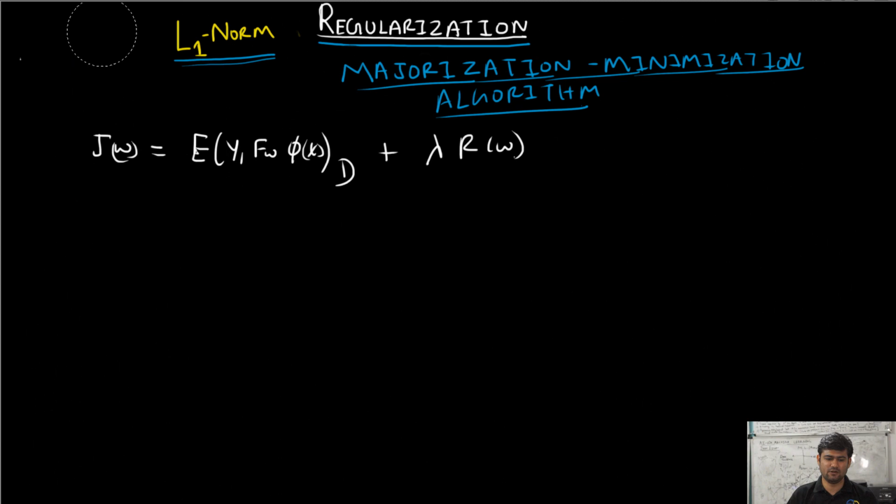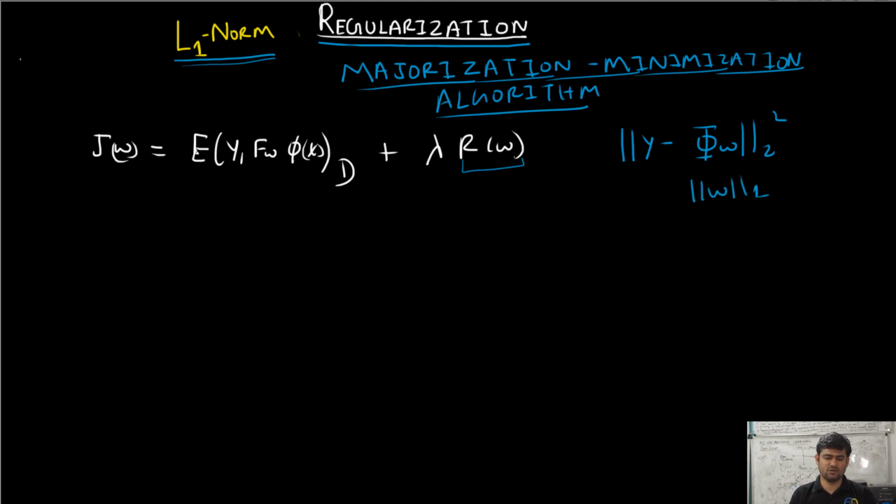In the L1 norm regularized least square problem, the first term is actually the L2 norm of the error over the data set, so the first term is basically y minus phi times w squared, and the second term is simply the L1 norm of the vector.